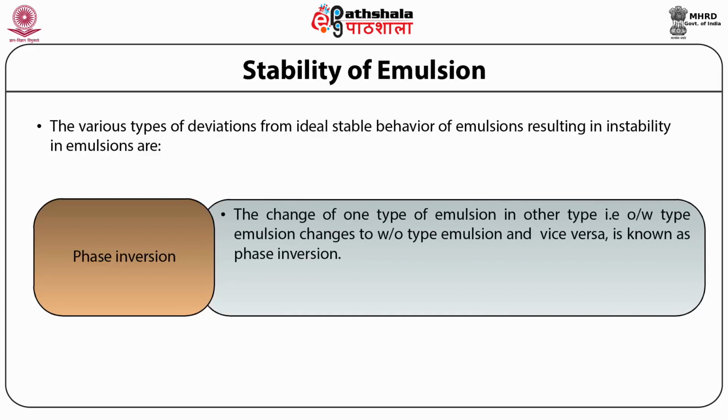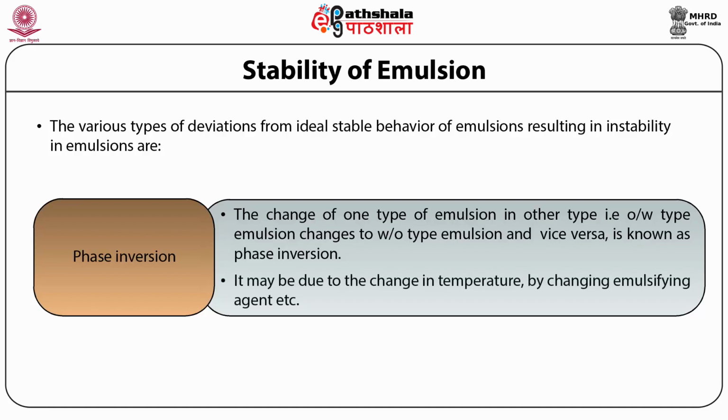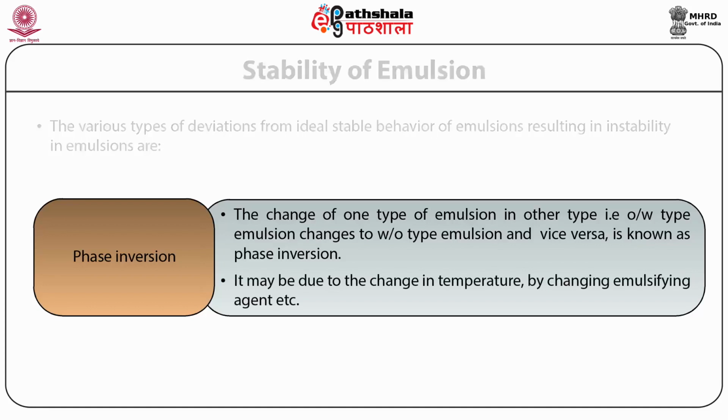That is, an oil and water type of emulsion can change to a water and oil type of emulsion and vice versa. The reasons attributed for phase inversion include a change in the temperature, or it can be due to a change in the emulsifying agent.